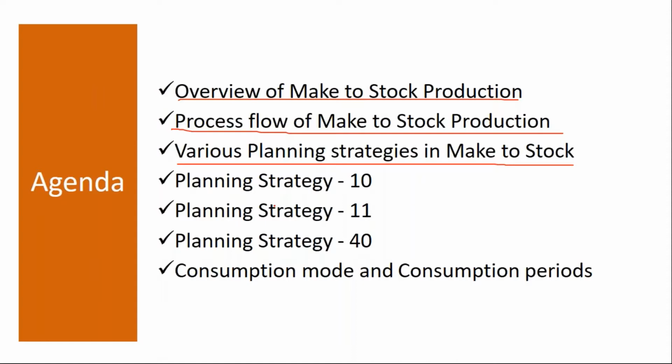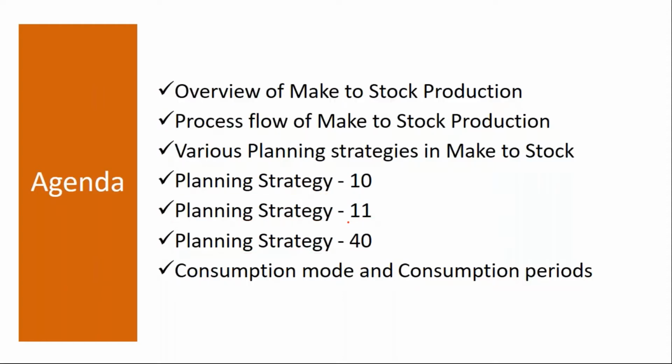We will discuss planning strategy 10 in detail, then planning strategy 11 and planning strategy 40, and we will discuss consumption mode and consumption periods. So these are the topics we will be covering in make to stock production.